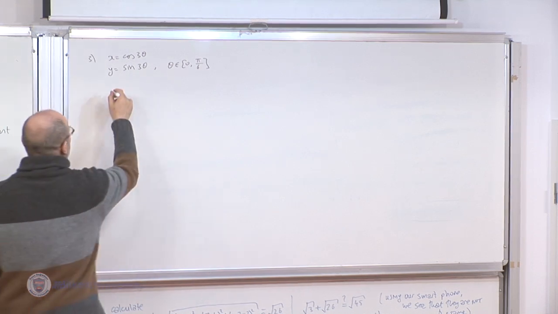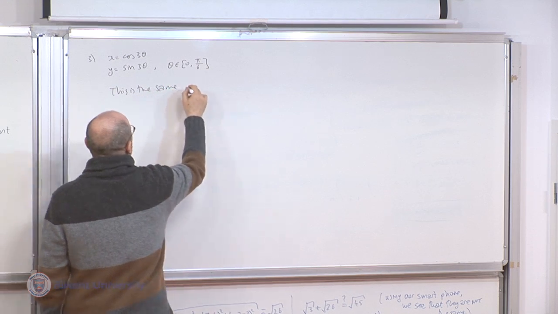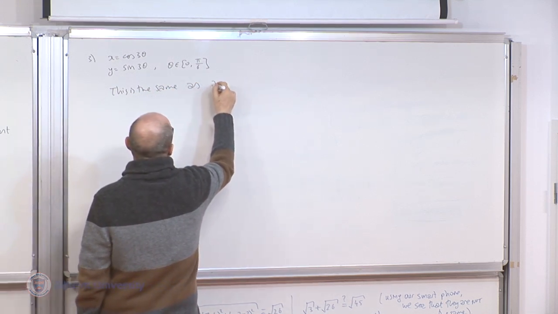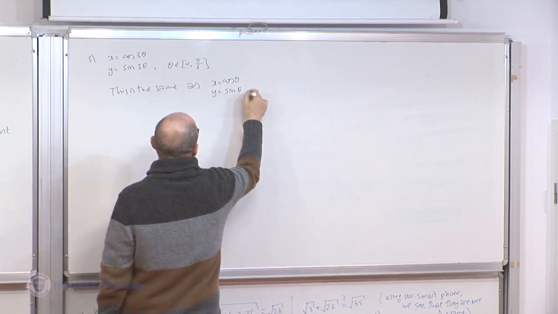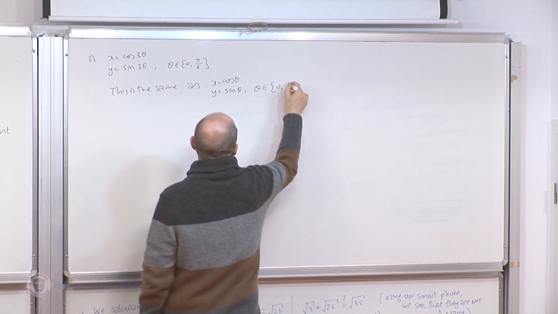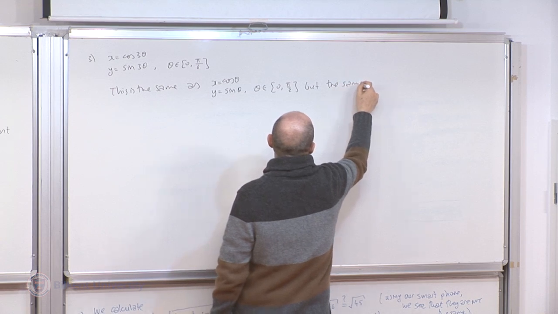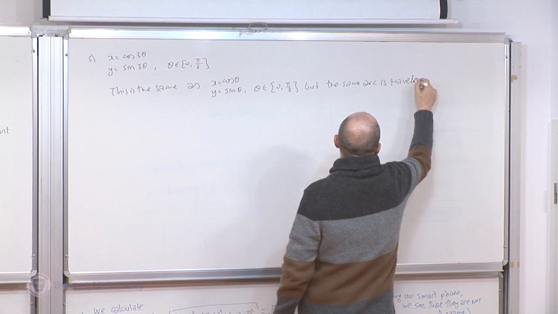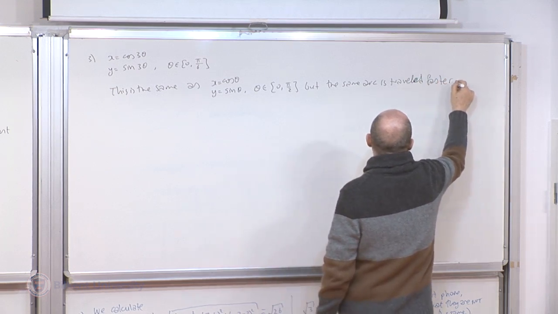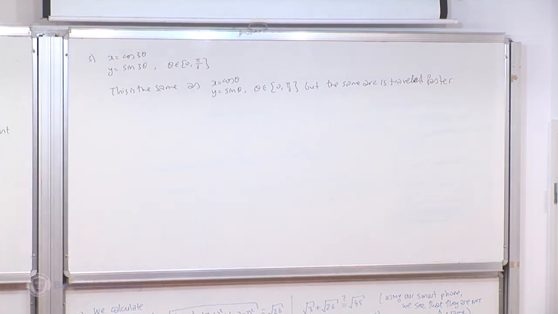Okay, so this is the same as x equals cosine theta, y equals sine theta. Theta is in 0 to pi over 2, but the same arc is traveled faster. Okay, so again the same thing, but you travel it in a shorter time.